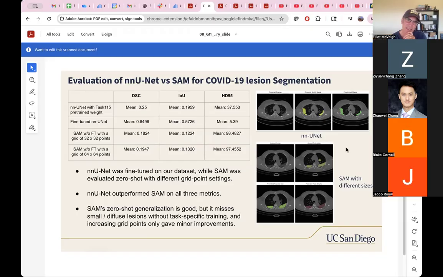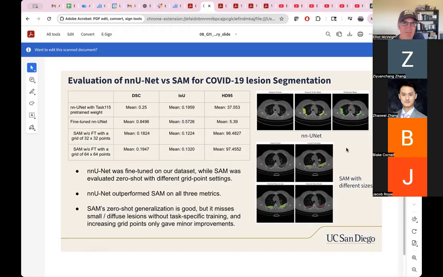It can get very good output compared with the SAM model. We can see in the first line of the table, it used the pre-trained weights, and its result is not great.